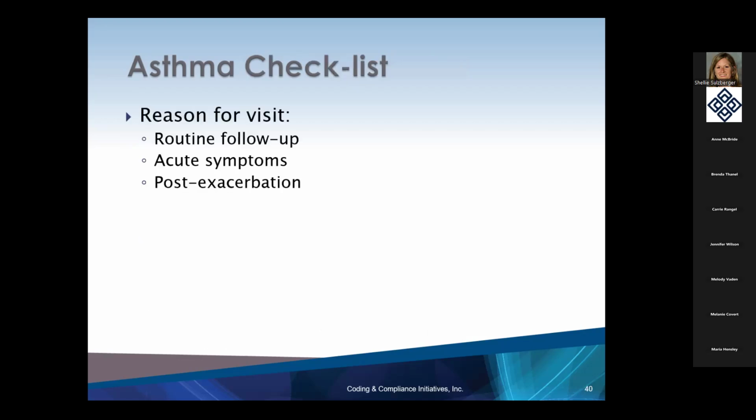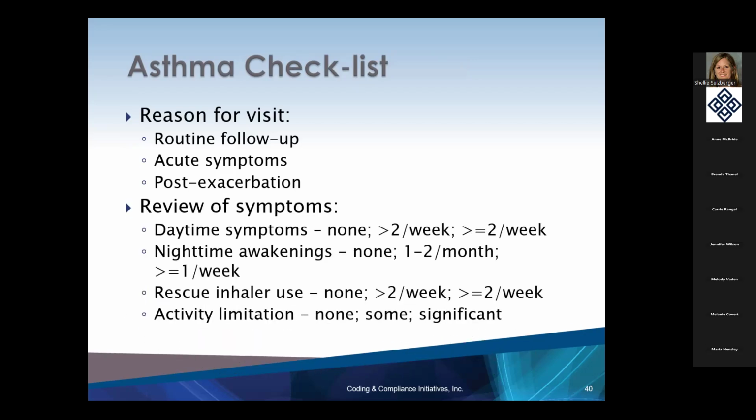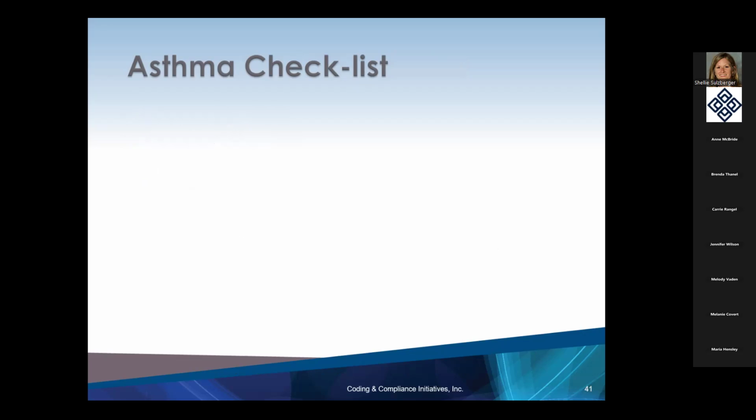So that's kind of what I would call a checklist for asthma. Reason for visit: why is that patient coming in? Let's have a checklist showing that we need to review those symptoms, daytime symptoms, nighttime symptoms, activity limitation, how they're using their rescue inhaler.